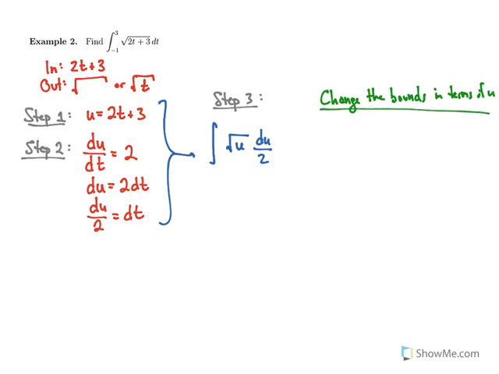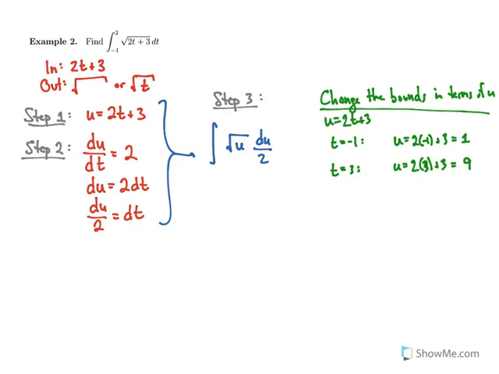So to do that, we're going to use our formula that u is equal to 2t plus 3. And for each bound, we have t equals -1 and t equals 3. We're going to plug it into that formula and get that u is equal to 2 times -1 plus 3, which is 1, and u is equal to 2 times 3 plus 3, 9.